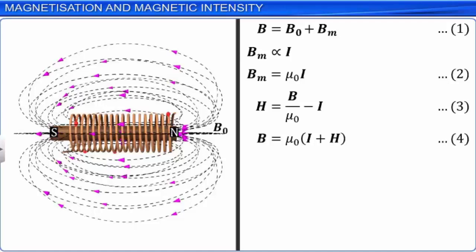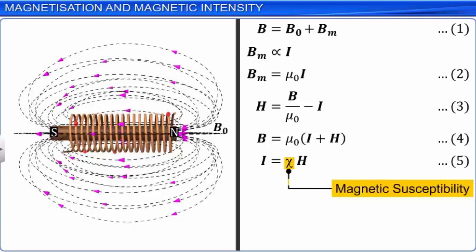It depends on the nature of the material, and represents the degree of magnetization in response to an external magnetic field. The value of magnetic susceptibility is small and positive for paramagnetic materials. It is small and negative for diamagnetic materials.